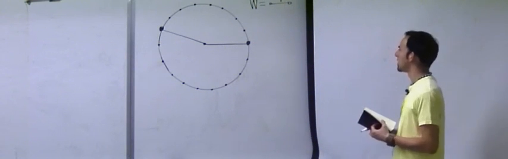I said this was an 18-gon, and so this is 9. So the angle between alpha_1 and alpha_2 is pi minus pi over 9. Here's alpha_1. Here's alpha_2.